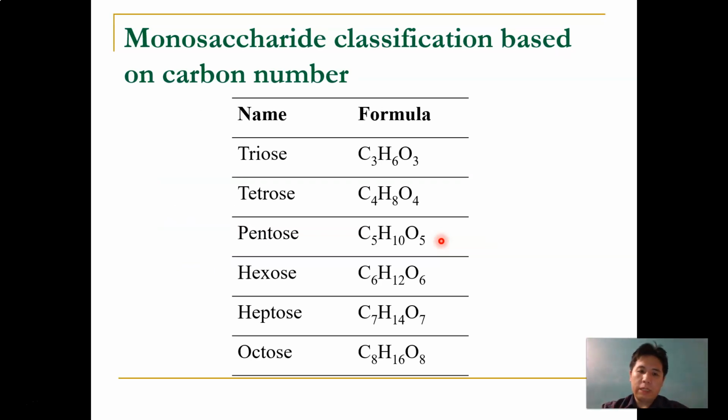Depending on the number of carbons, you can also classify it by size. It can be a triose for 3 carbons, tetrose for 4 carbons, pentose for 5 carbons, hexose for 6 carbons, heptose for 7 carbons, and octose for 8 carbons. So glucose is an aldohexose.